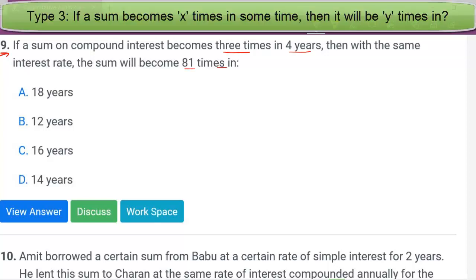This question can be solved with the logic that it becomes 3 times in 4 years, right? So in 4 years it is getting 3 times.